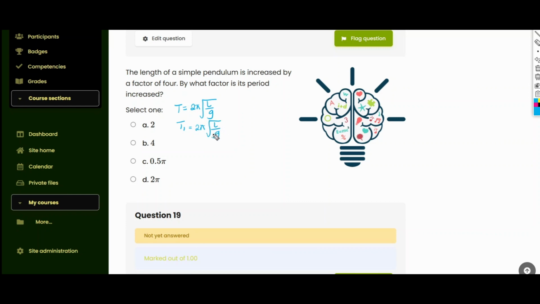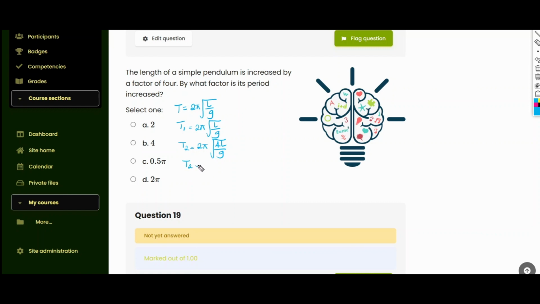using the original length. The second scenario, and you know that the period is directly proportional to the square root of L. So the second scenario says 2 pi, now the length has been increased by 4. So we have a number in this, so we need to pull it out.